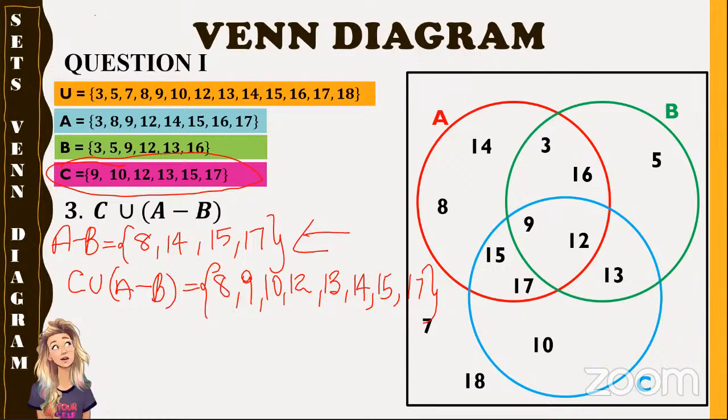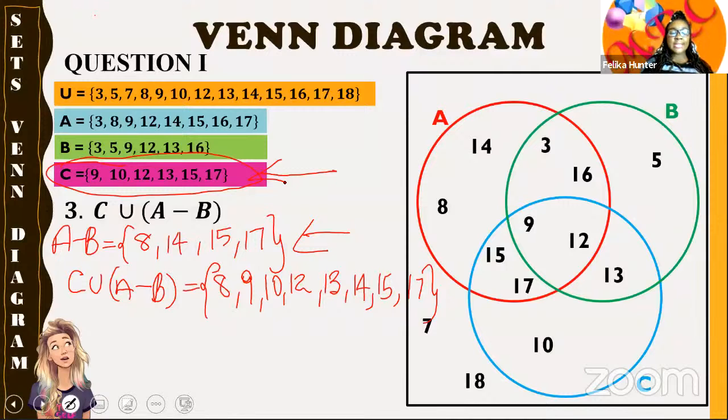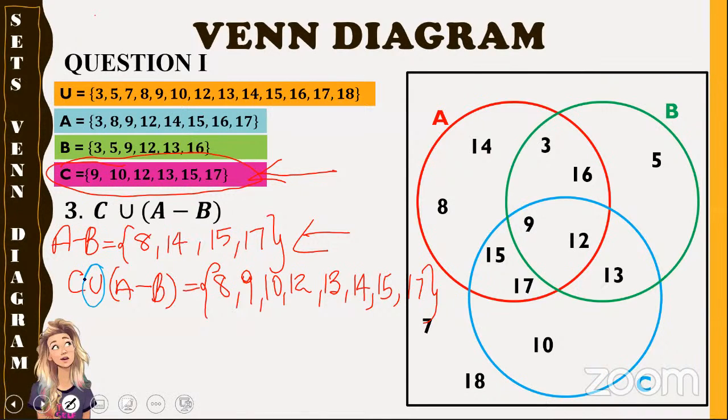Miss, can you explain about this function, please? Sure. So let's go now to Johnny. We're looking at C, so we have all the numbers in C. And this symbol here, what does it say we're going to do? We're going to look for everything in the entire set. So we bring what is in C together with what is in A minus B, and we know A minus B is 8, 14, 15, and 17.